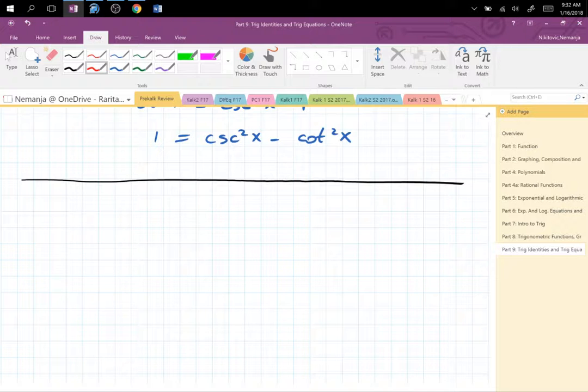And generally we give formulas just for those 8, sum to product and product to sum, but the rest you should know, especially if you're going to Calc 2. So let's start with sum and difference formulas.